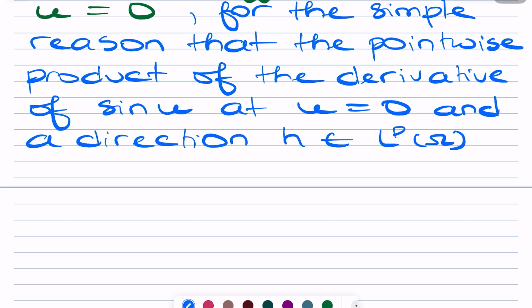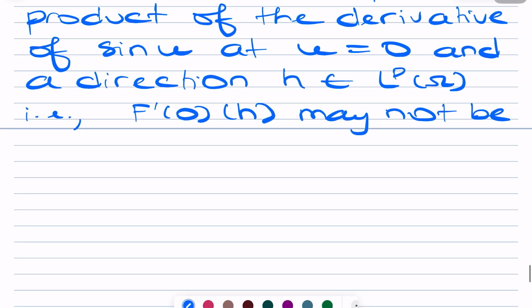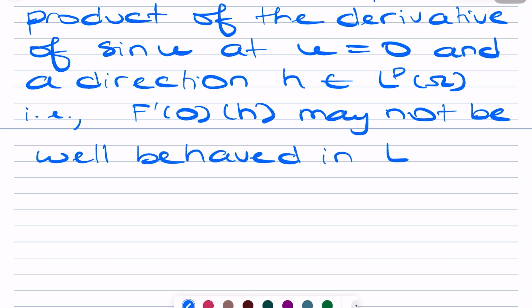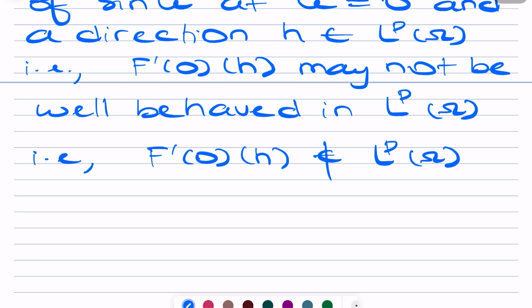What I mean is that F prime at 0 in the direction h may not be well behaved in Lp of omega. So this might not be an element of Lp of omega. Remember our codomain was still Lp of omega.